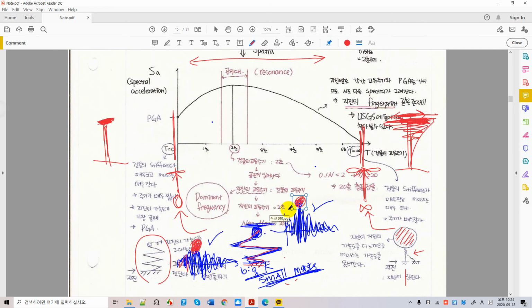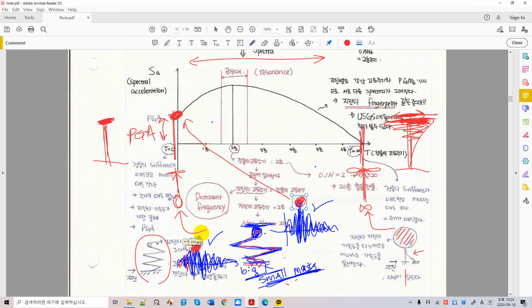So here, when you have a zero period, you will see this value. This is what you feel. This is this value. So what you feel here is the value that your earthquake brings, right? So this is PGA, peak ground acceleration.